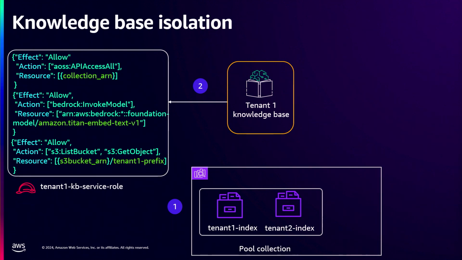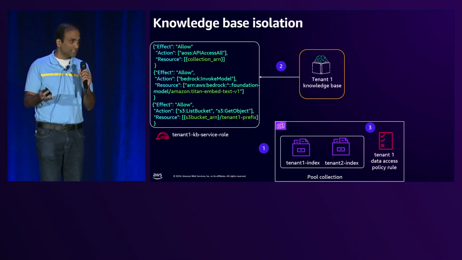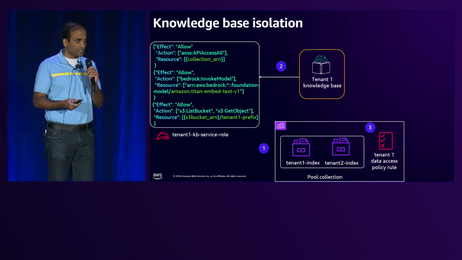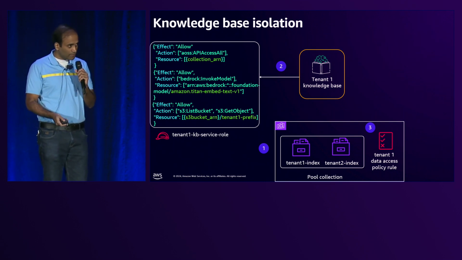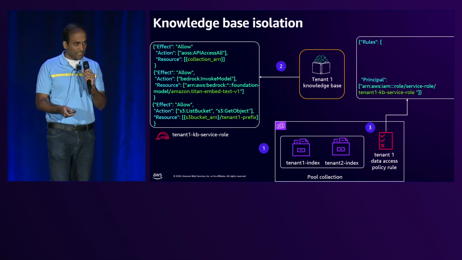The other part here is we need to make sure that this knowledge base is only able to push and pull the data from the tenant-specific index. And the way you do that is by leveraging a data access policy which is defined at the OpenSearch Serverless collection. If you look at that policy, what you will see is a principal.